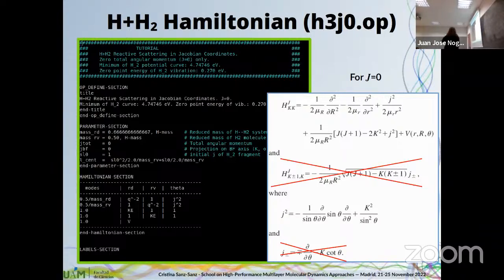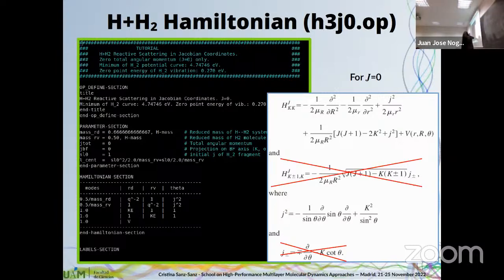That is what it means. So this first term is this first term.